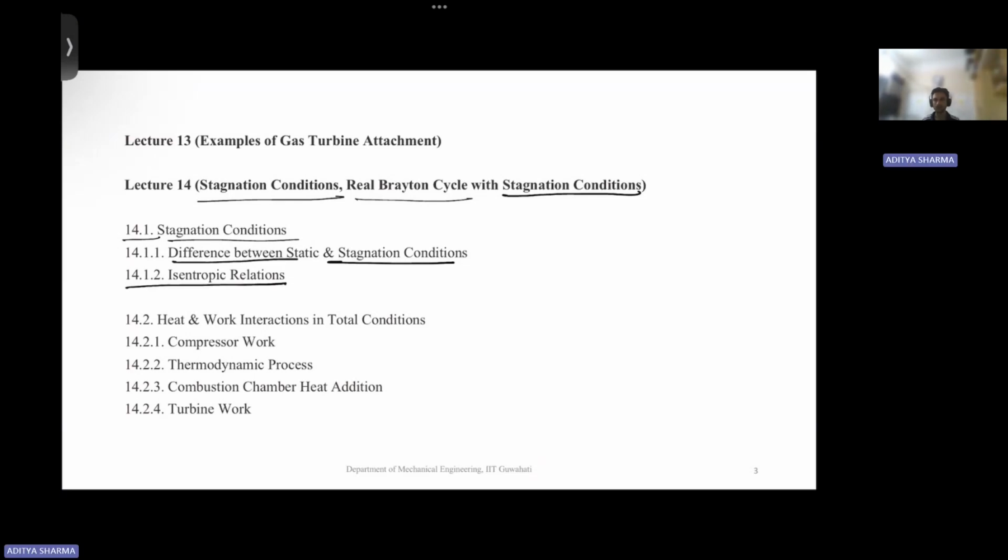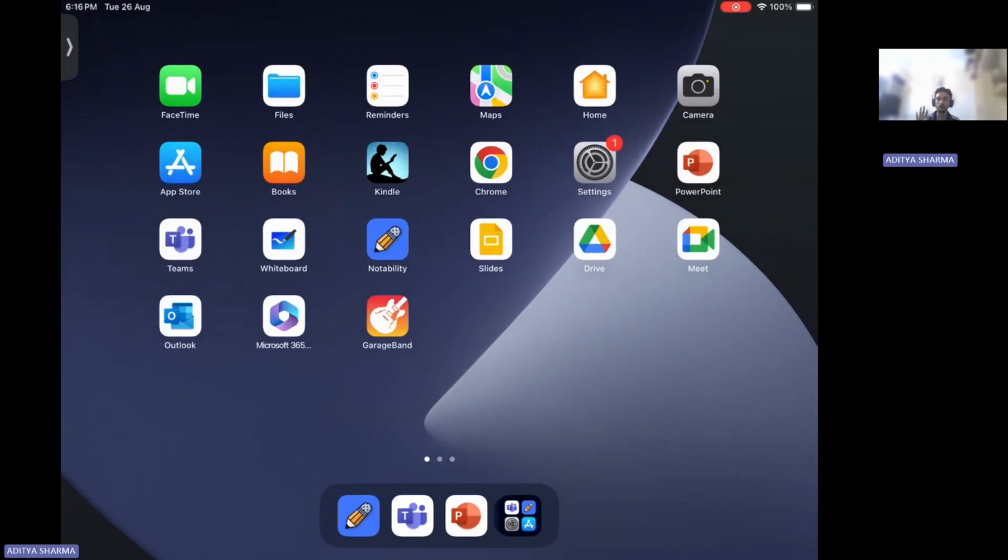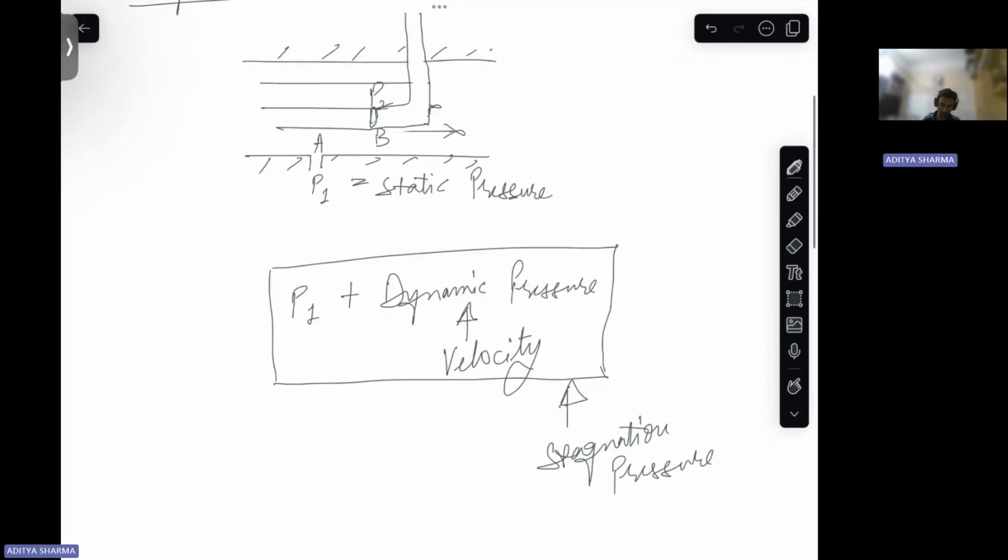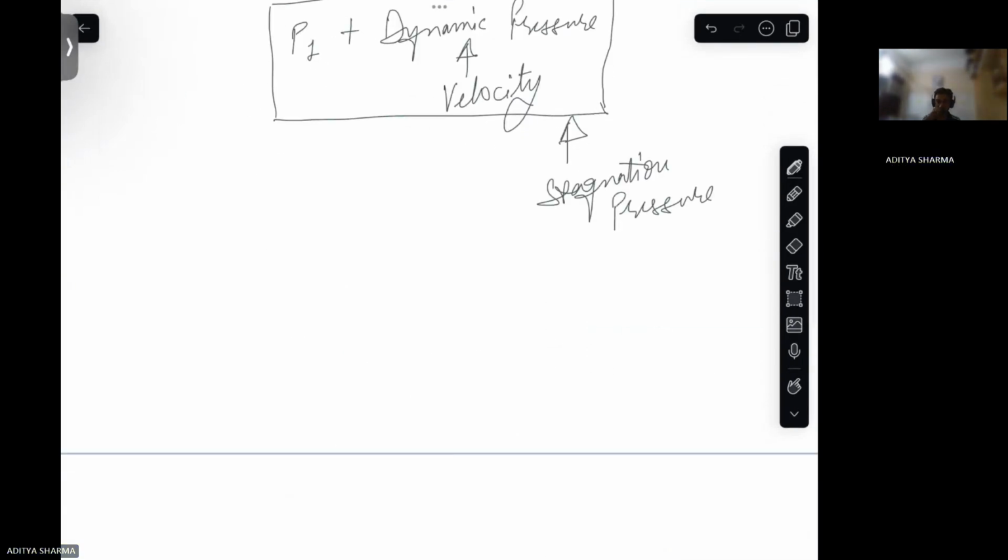Then is your isentropic relations. So isentropic relations will give a relation between your static and stagnation conditions. We have been using isentropic relations a lot in our numericals in the past.